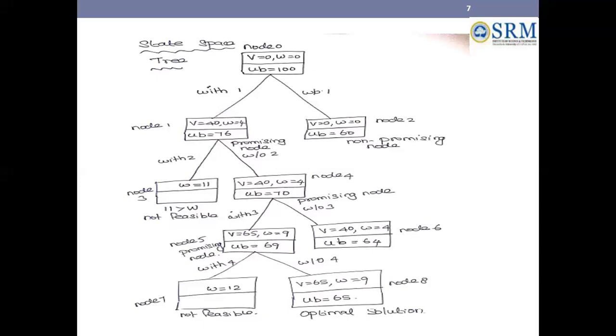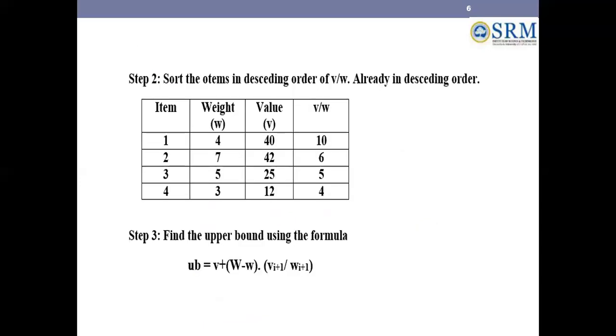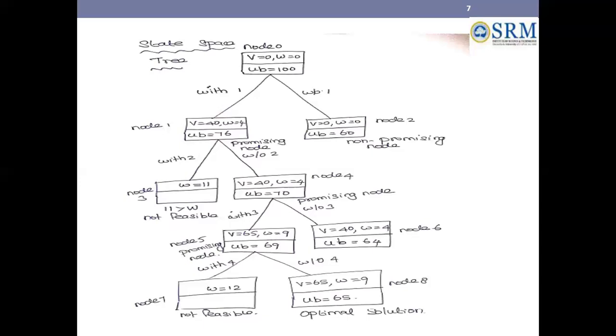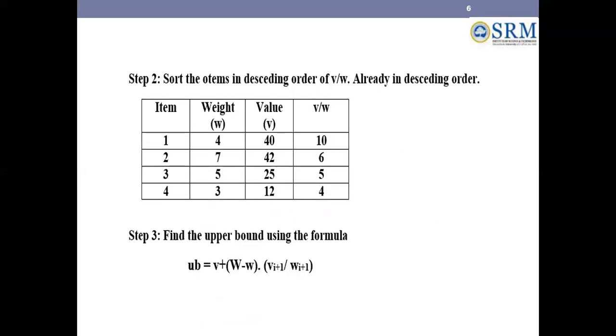Next, take the second item, with item 2 and without item 2. With item 2, what is the weight of item 2? The second item weight is 7.